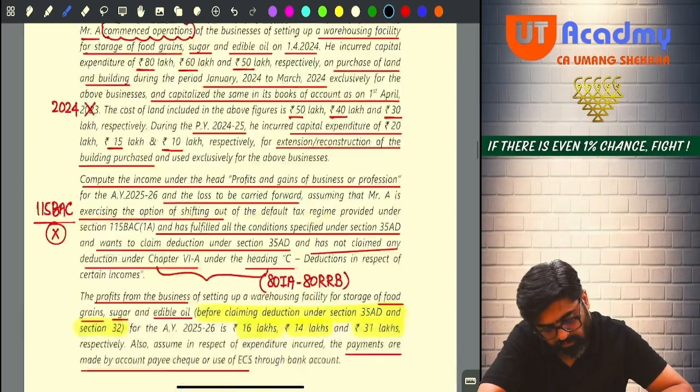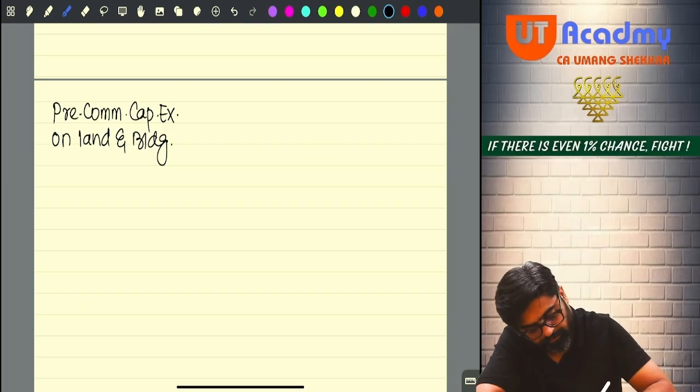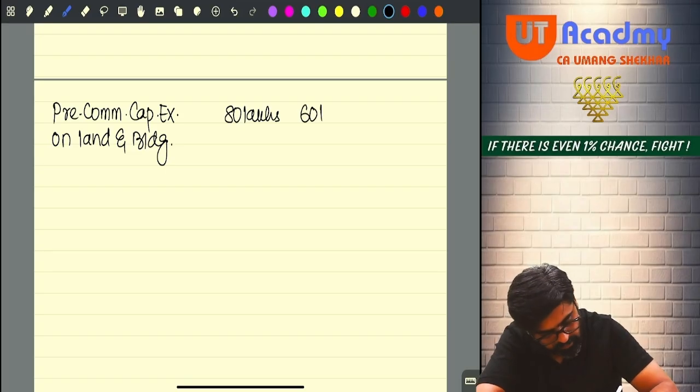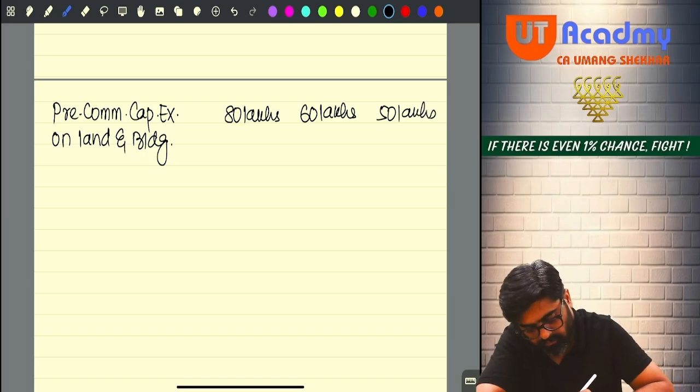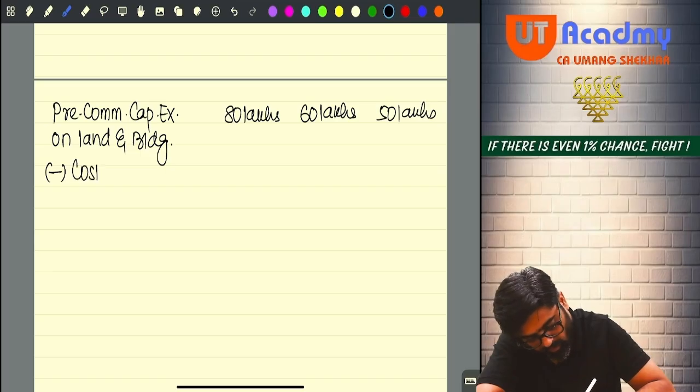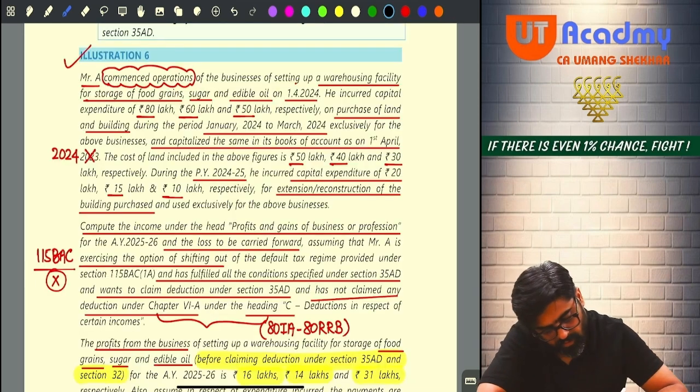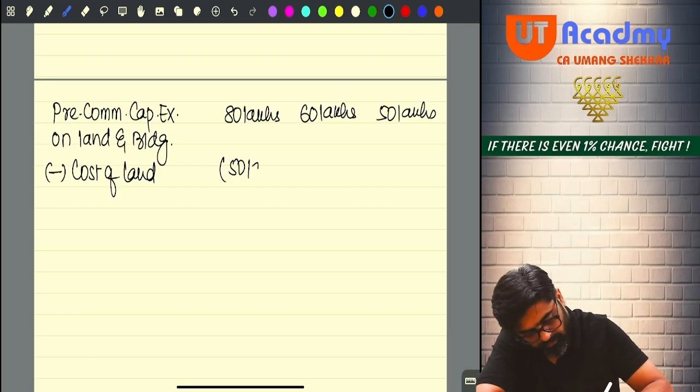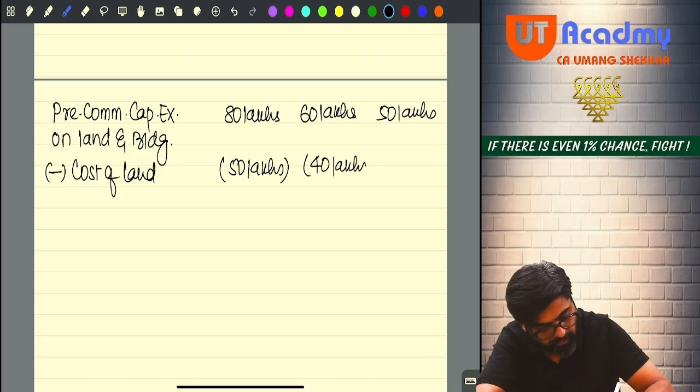That was how much? 80, 60 and 50, no? 80 lakhs, 60 lakhs and 50 lakhs. Out of that, less cost of land, which was 50, 40 and 30. 40 lakhs and 30 lakhs.